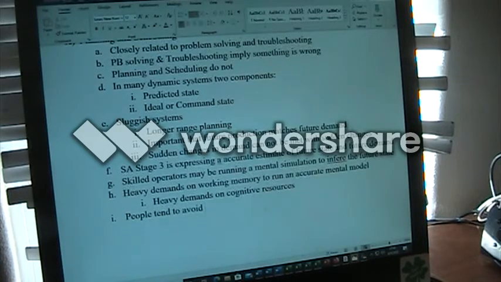All right. So people tend to avoid complex optimizing planning schedules over long time horizons. This goes back to something that we talked about before.